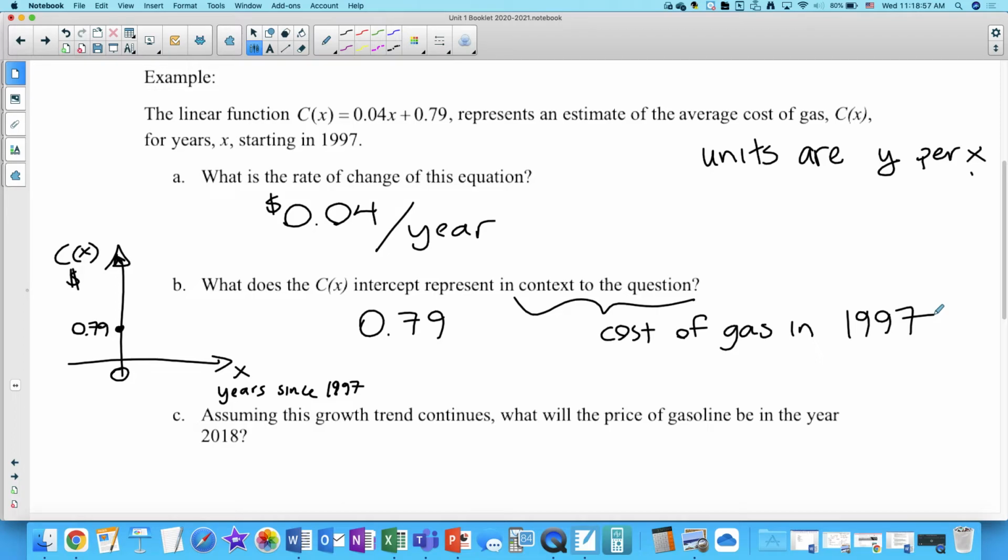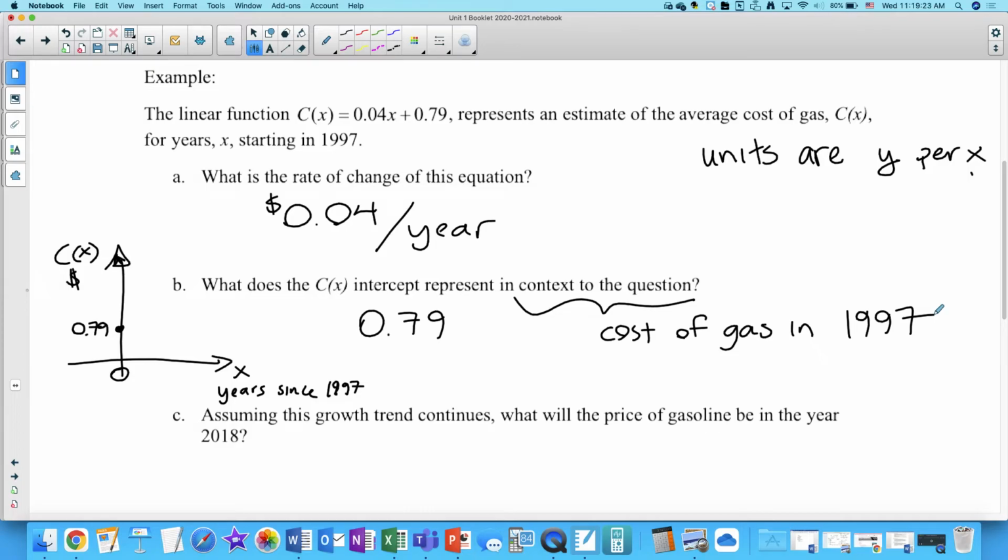This is a big emphasis of this course. Being able to take a function that represents a context and speak to that context. And if I ask you a question like this, and you just answer 0.79, you will get 0. Because I've asked you, what does it represent in the context?